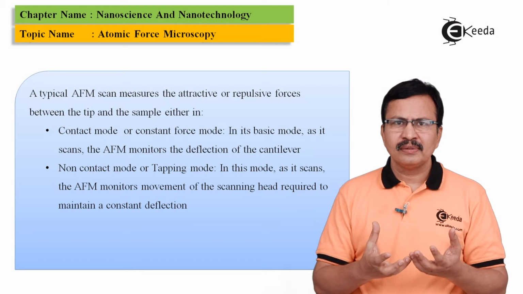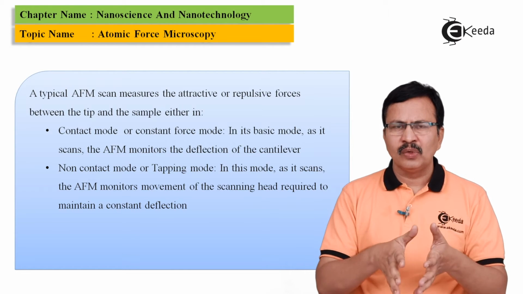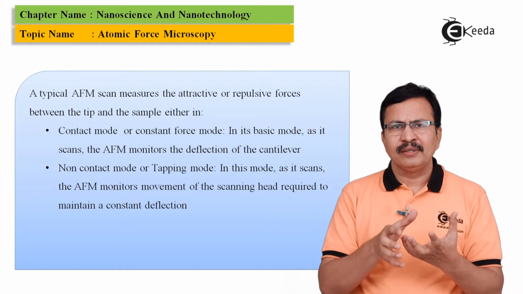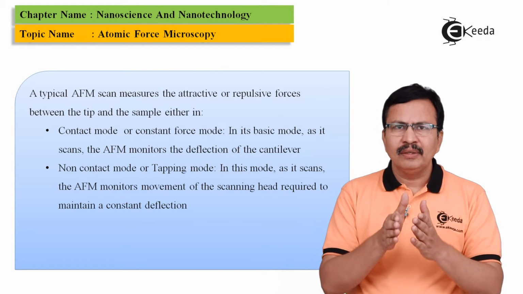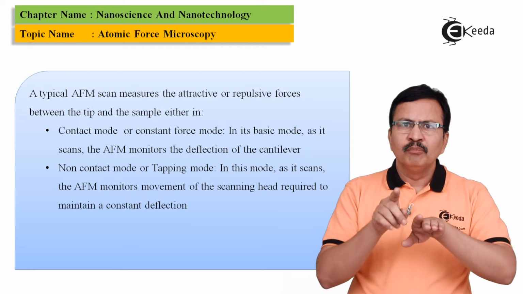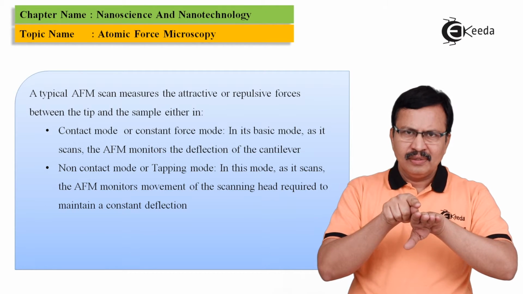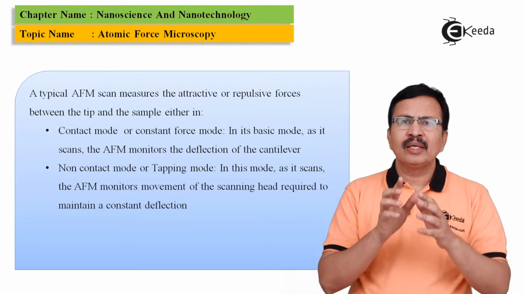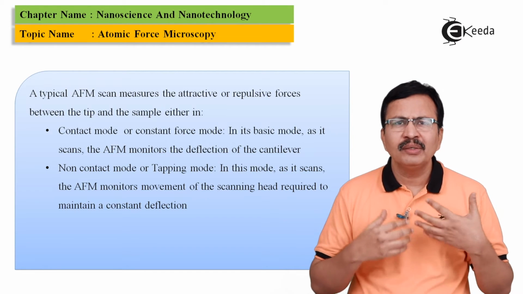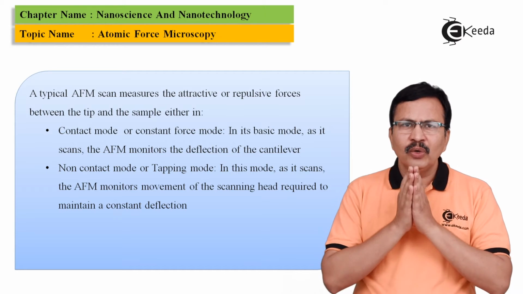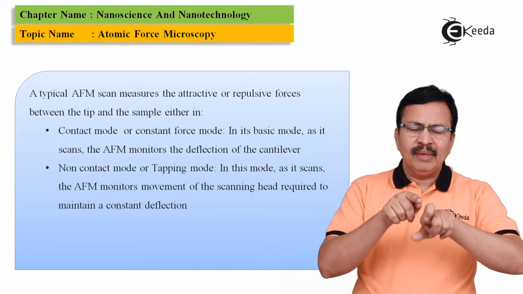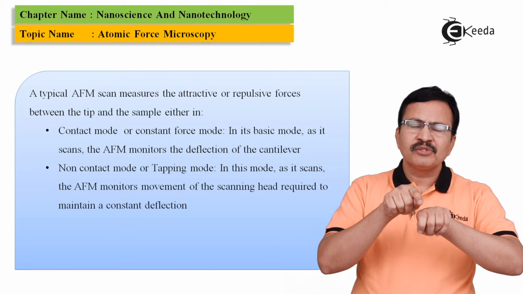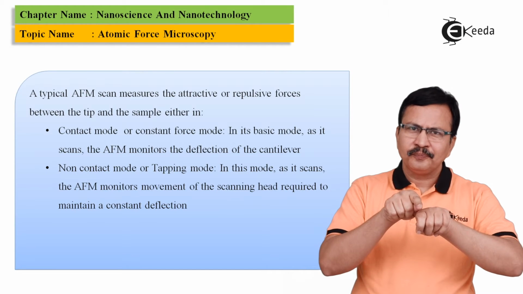In the tapping mode, the cantilever along with the tip moves across the surface in such a way that the force on it remains the same. Now, how are you going to keep the force constant? You are going to keep the force constant by maintaining a constant distance between the surface and the tip.